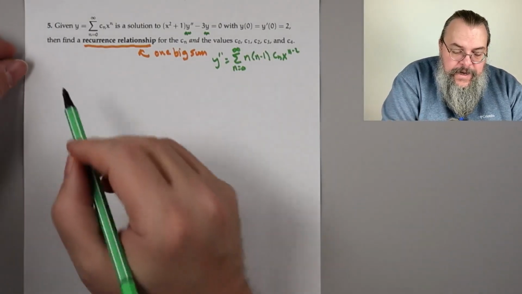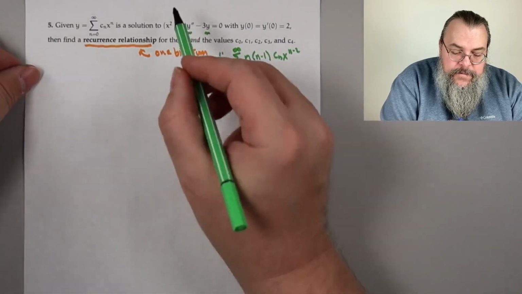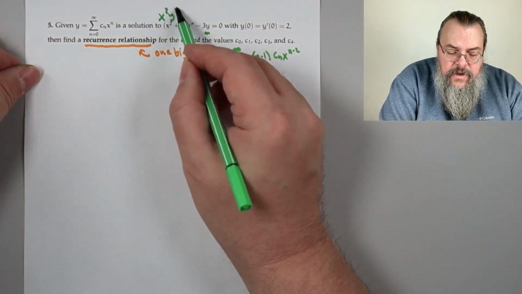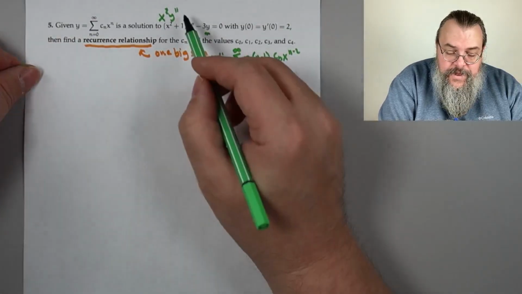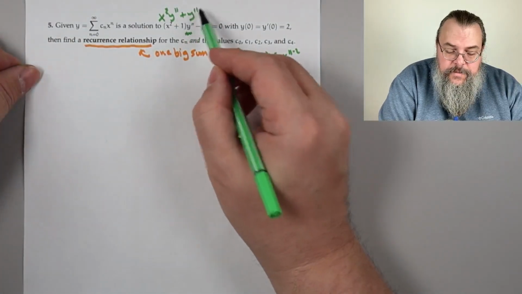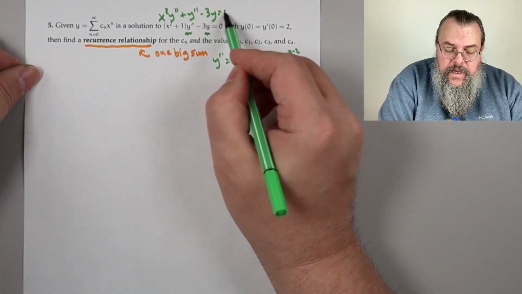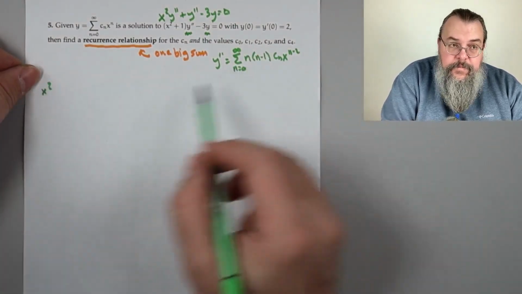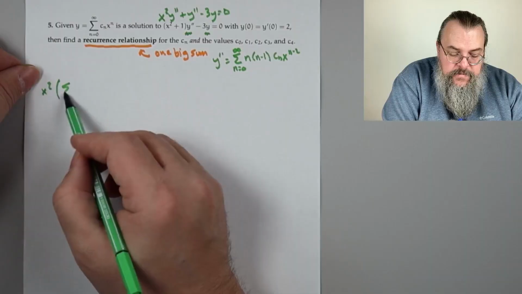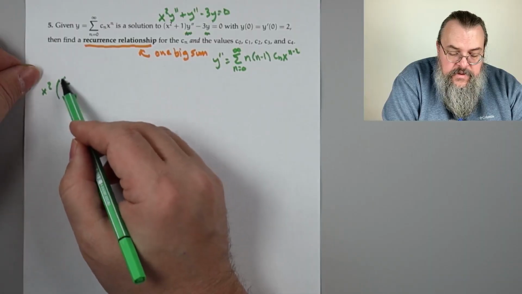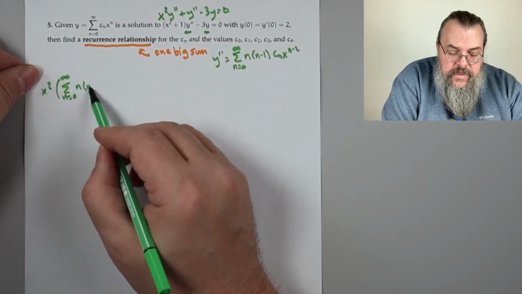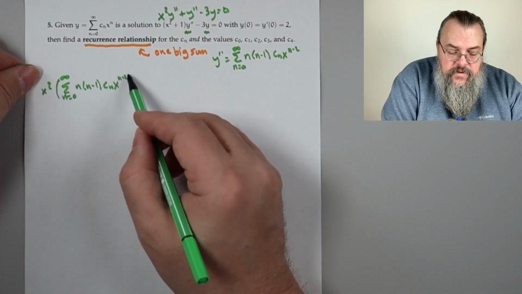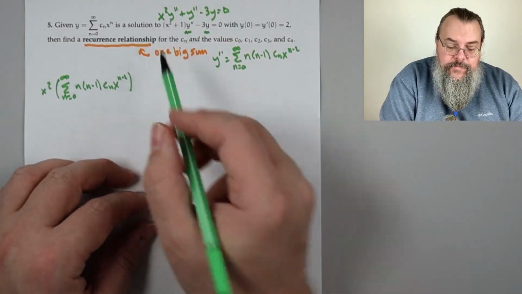So we have our x squared plus 1 times y double prime, which, by the way, let's go ahead and distribute at the beginning, right? This is x squared y double prime plus y double prime. And so we have x squared times this expression here, sum n equals 0 to infinity n times n minus 1 Cn x to the n minus 2. Okay, there's our first piece.